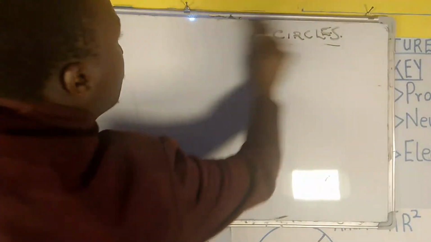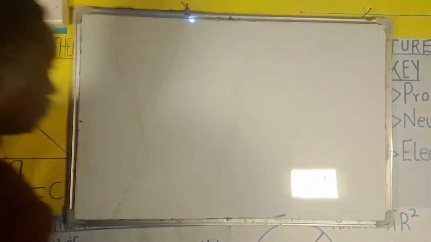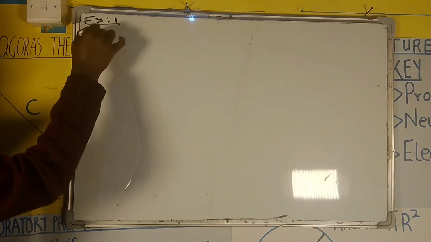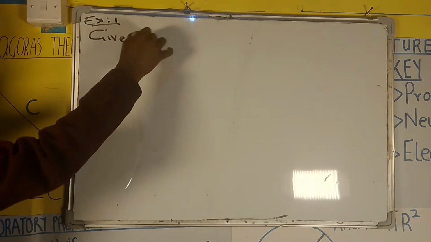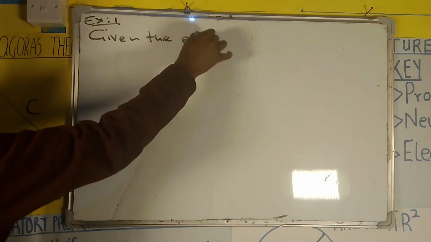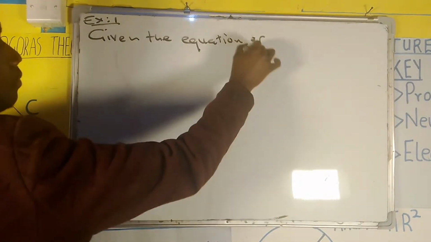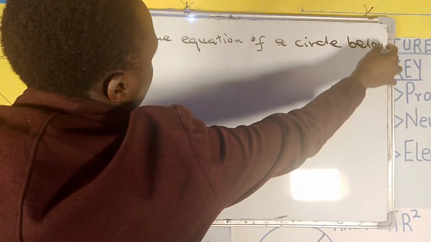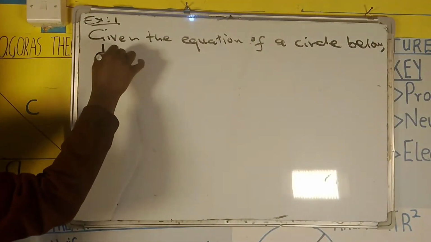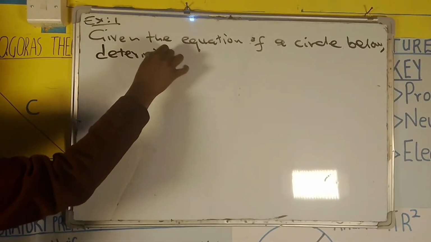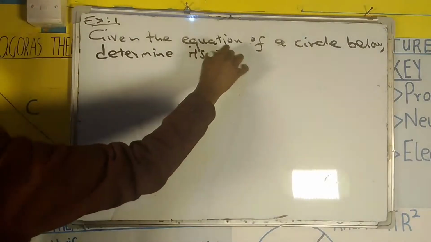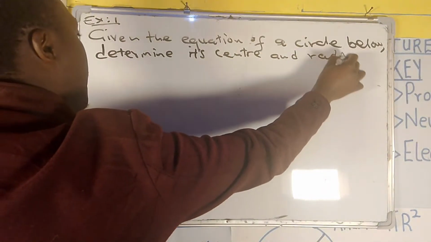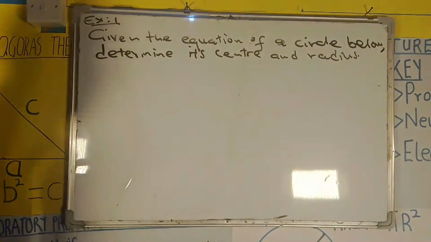So we can have some few examples. Given the equation of a circle below, determine its center and radius.